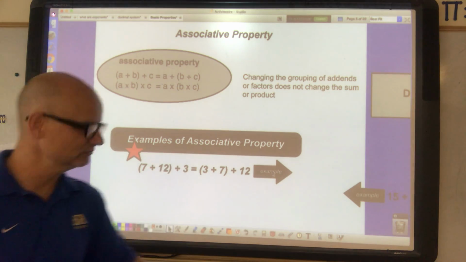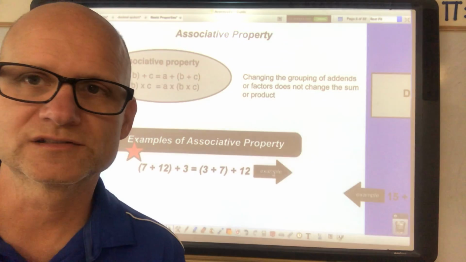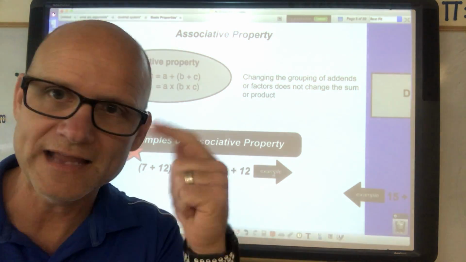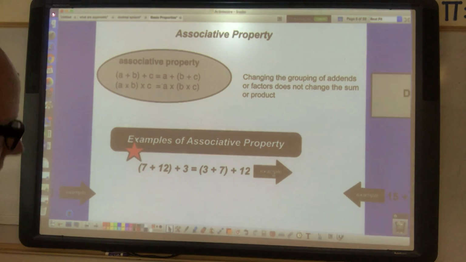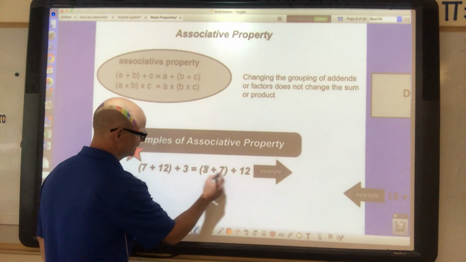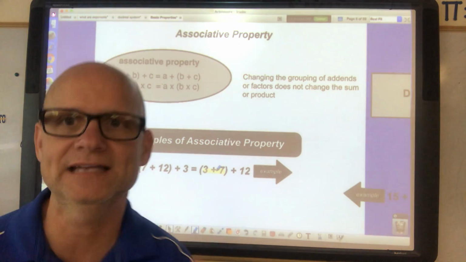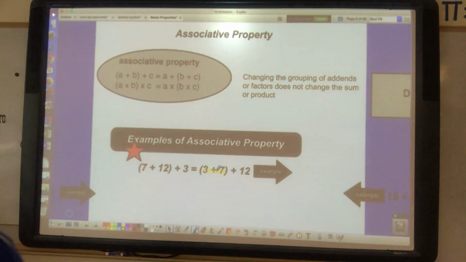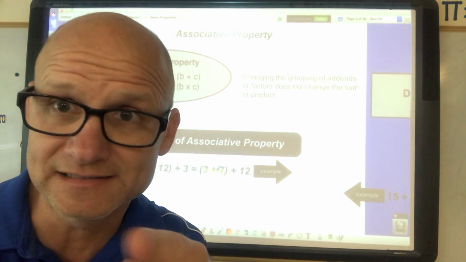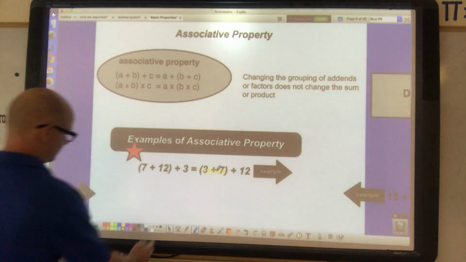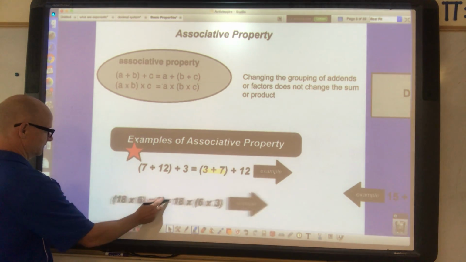So again, you probably have known this. 7 plus 12 plus 3, well, you can change that to 3 plus 7 plus 12. And a lot of you guys would do that. If I gave you those 3 numbers to add right now, a lot of you would group these 2 together first. Why? Because it makes 10, and adding numbers to 10 is easy. Same thing here.